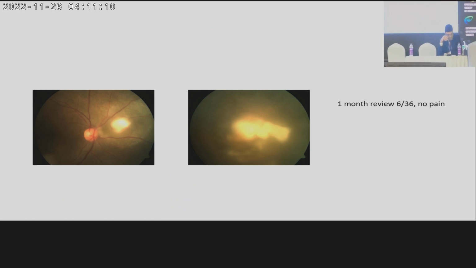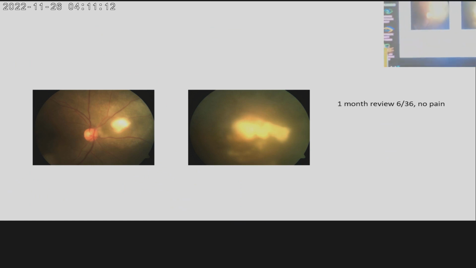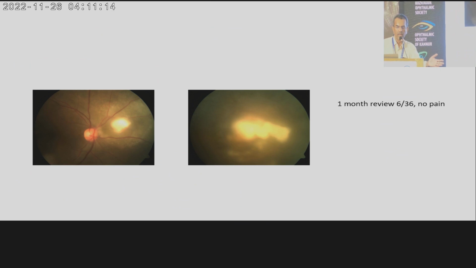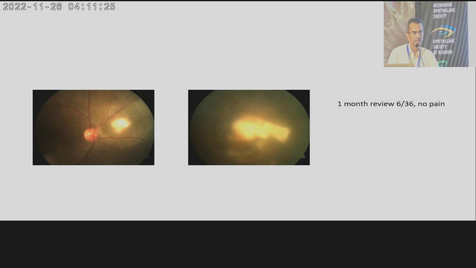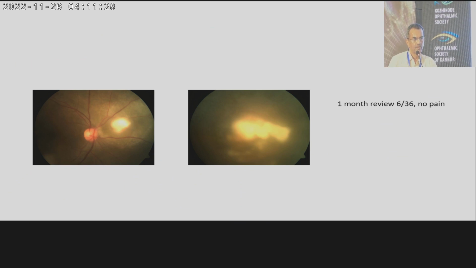Okay, this patient came after 1 month following surgery with 6/36 vision, no pain, and this is what we see in the fundus. Dr. Divya, how would you go about it? This may not be a post-cataract surgery related infection. This could be some endogenous, likely.